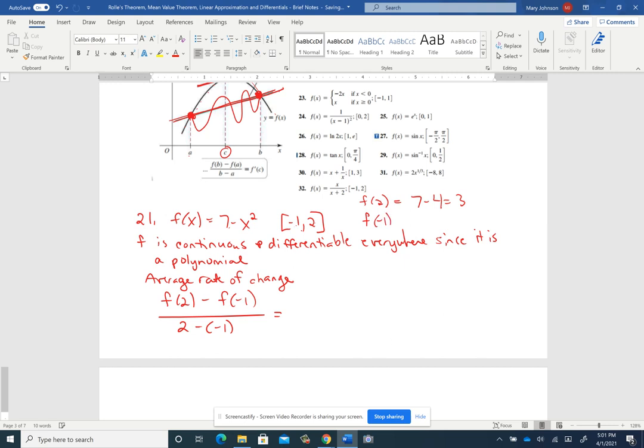And f of -1 would be 7 minus 1, which would equal 6. Then you can just substitute that in. So you have 3 minus 6 over 2 minus -1, which is really 3 in the denominator. So you're getting a -1 for your average rate of change. Okay.